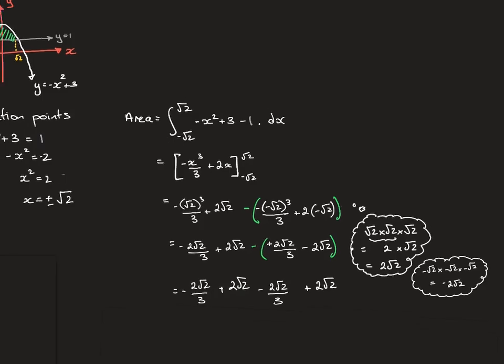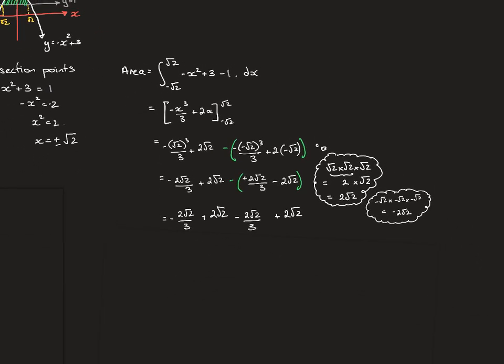Again, we go through and gather our like terms together. I added 2 root 2 plus another 2 root 2 to give me 4 root 2. Then I had minus 2 root 2 on 3 minus another 2 root 2 on 3, which gives me minus 4 root 2 on 3.